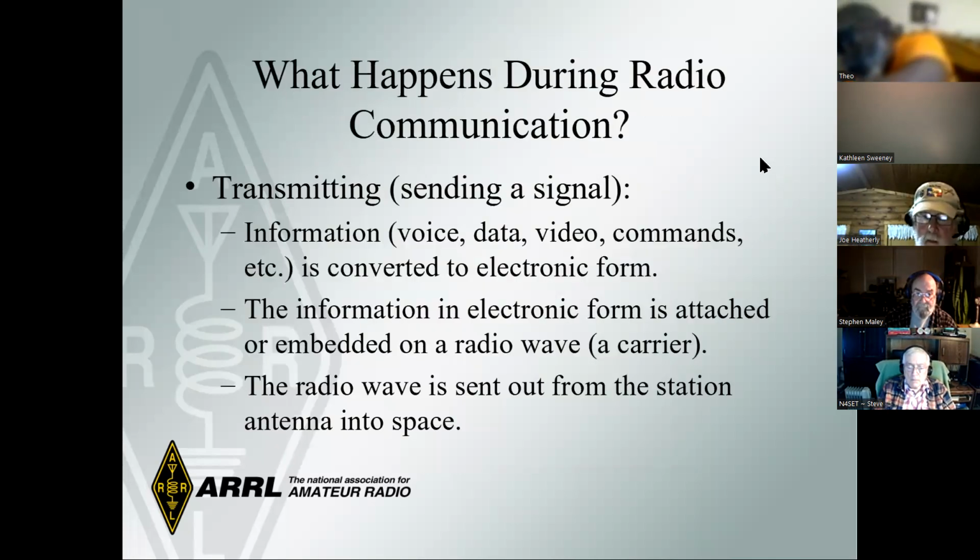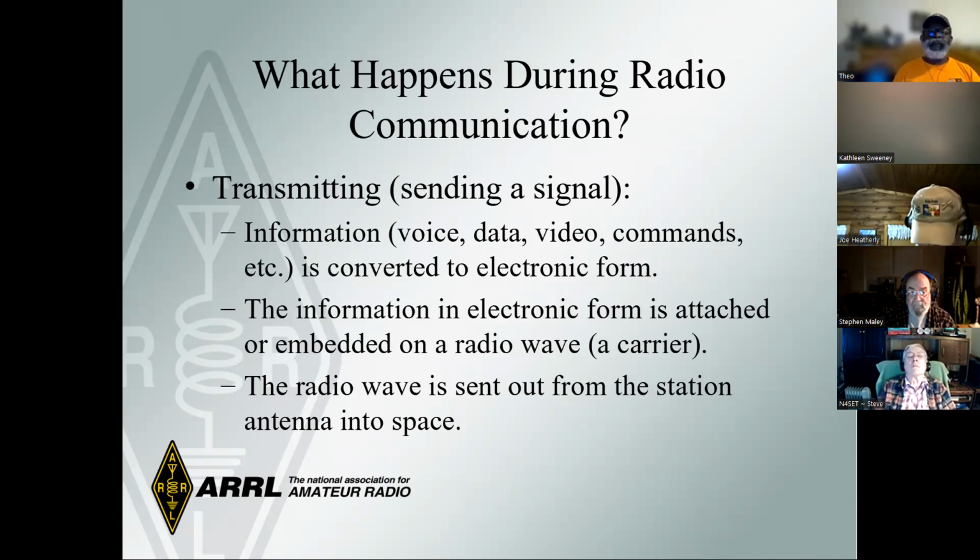What happens during radio communications? You have the transmitter sending the signal. There's so many different ways you can do this. In amateur radio, you can have voice in amplitude modulation, in single sideband type modulation, in Morse code modulation, in digital format, slow scan television, fast scan television, facsimile.